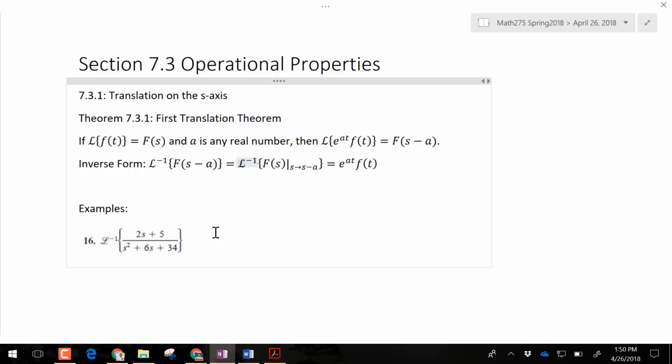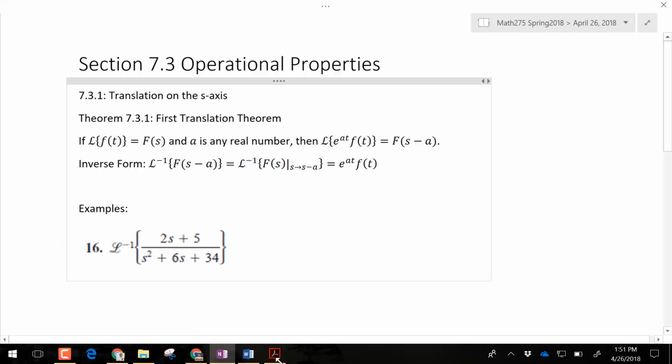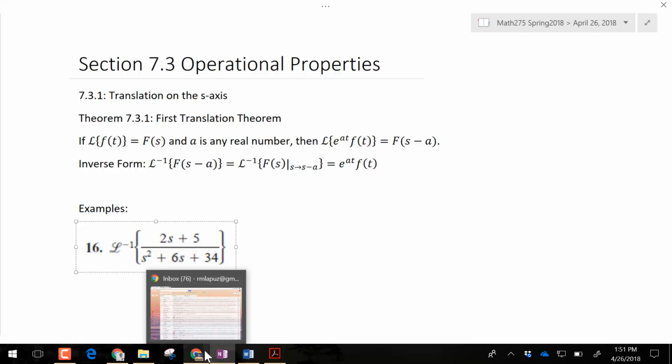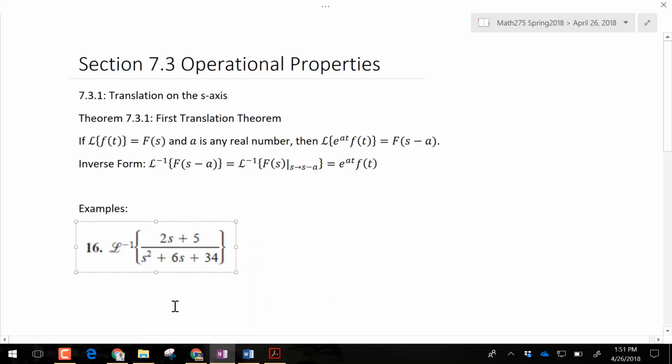Anyways, so let's do this as an example of why anybody would be interested in the shift theorem. People might be interested in this because if you look at something like this, your denominator is s squared plus 6s plus 34, and I don't think you can factor that into linear terms.